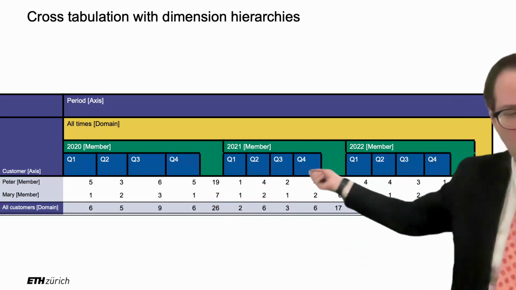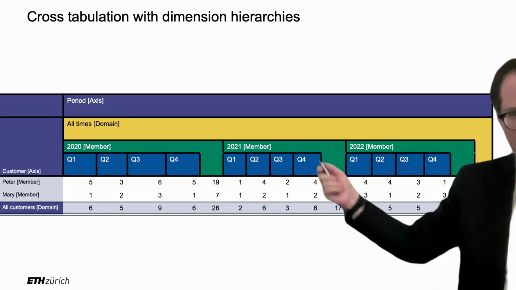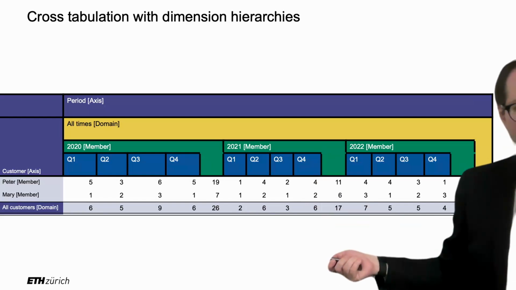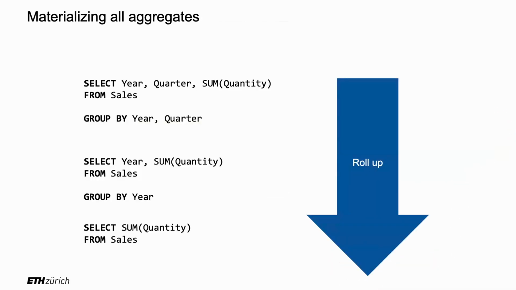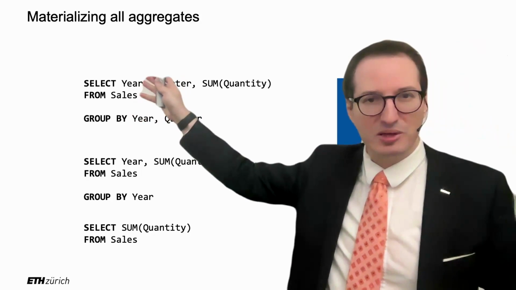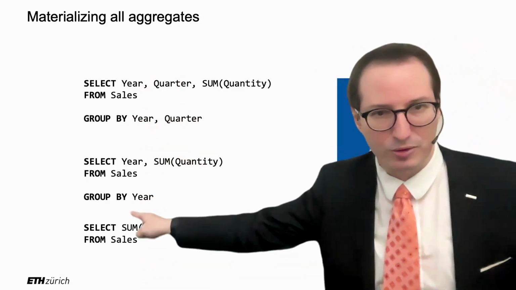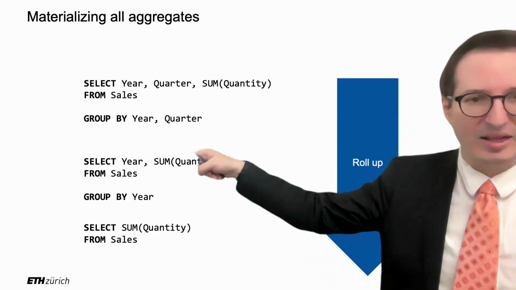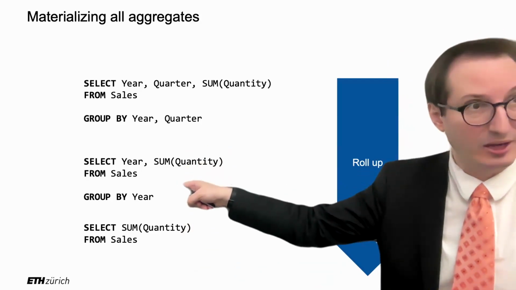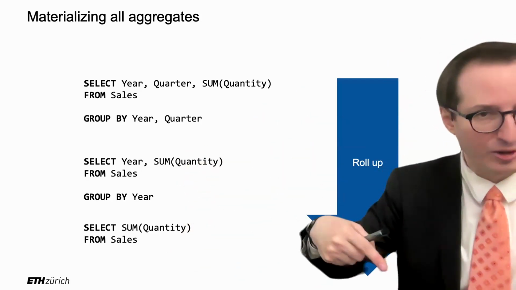Another example where we would need that is for quarters and years, if we divide the years into quarters. So now if we have the same idea of using a SQL query that does each one of the possible groupings, year, quarter, year, sales, but we don't have group by quarter here. Again, that's the difference with the previous one.